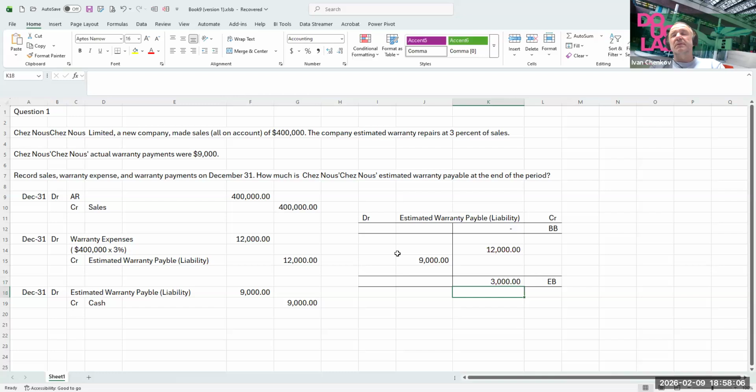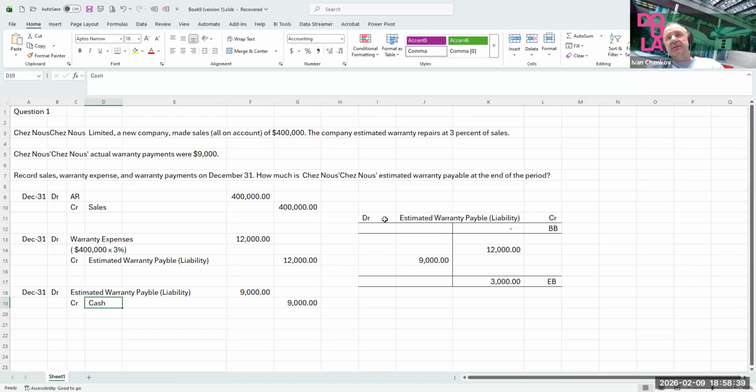So the ending balance will be 3,000. And that's your question for the warranty accrual or warranty liability and warranty payment. Now the deviation of the question is if the client requests a replacement of the item that he purchased. Then we're not going to credit cash, we're going to credit inventory directly. That will be the only twist here.